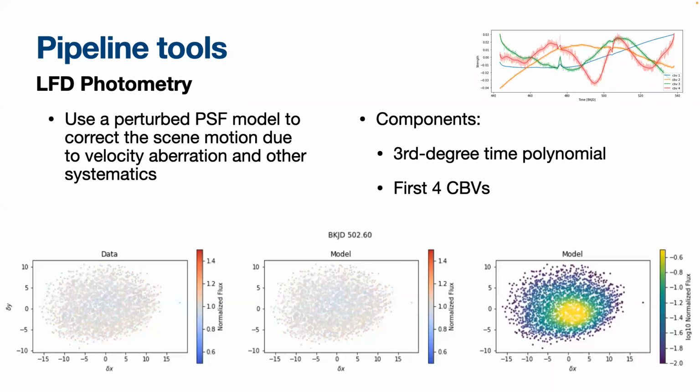That follows the assumption that in Kepler, at least, the movement of the scene is slow, is smooth overall. That doesn't quite hold for K2, for example. So there are some tweaks that we can do in the future for that. But yeah, it works pretty well. That's our perturbed model. We also sometimes call it the time model.